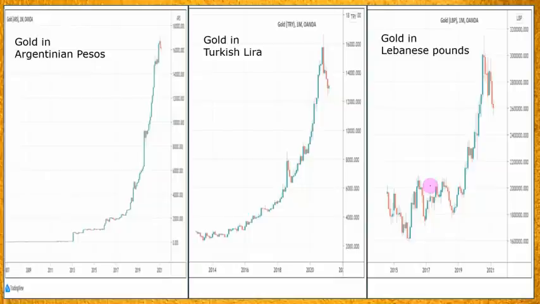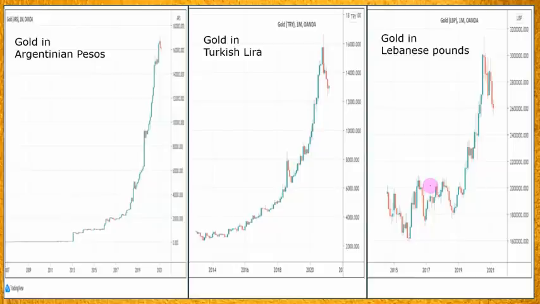Why is that? Well, it turns out that the Lebanese pound is pegged to the US dollar, but the official peg of 1,500 Lebanese pounds per dollar only applies to imported fuel and pharmaceuticals. On the black market, it's more like 8,000 per dollar.